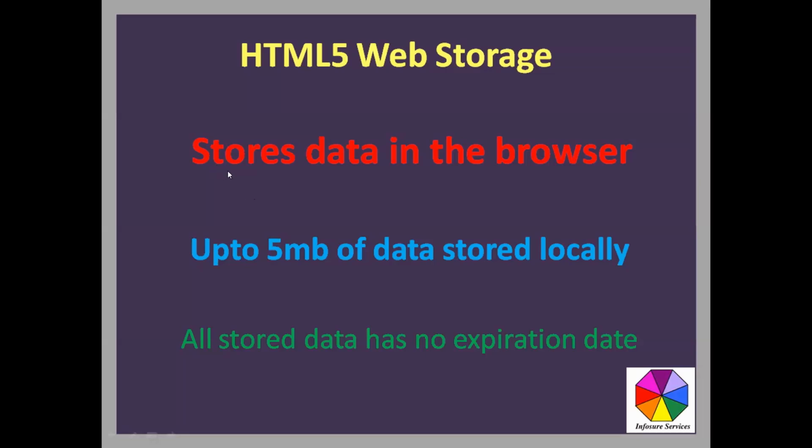But today, applications deployed with modern HTML5 can store data in the browser. Up to 5 MB of data can be stored locally, and all the stored data has no expiration date. That data sits there permanently. So this is how HTML5 web storage is new.